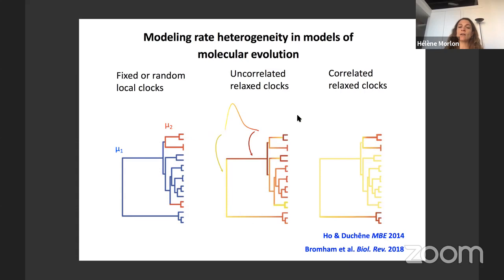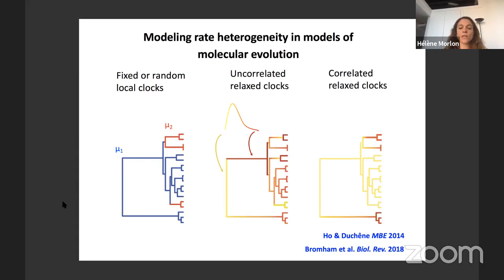Or we can have another idea of evolution where rates are rather phylogenetically constrained, maybe because they are linked to life history traits that are evolutionarily conserved from ancestral species to descendant species. And in this case, we need to put together what we call correlated relaxed clock models, where there's going to be heritability of a trait from parents to descendants.